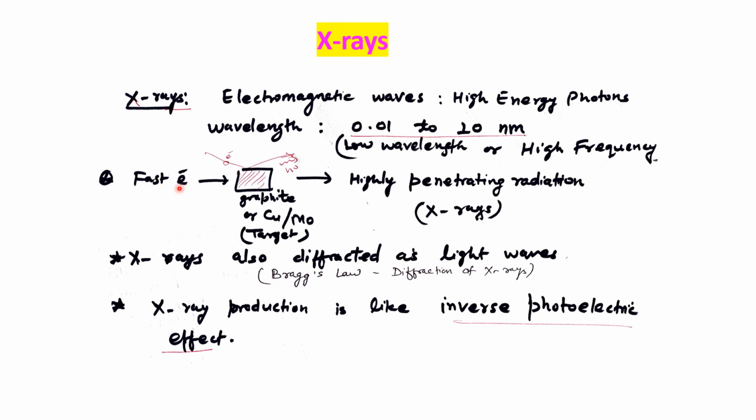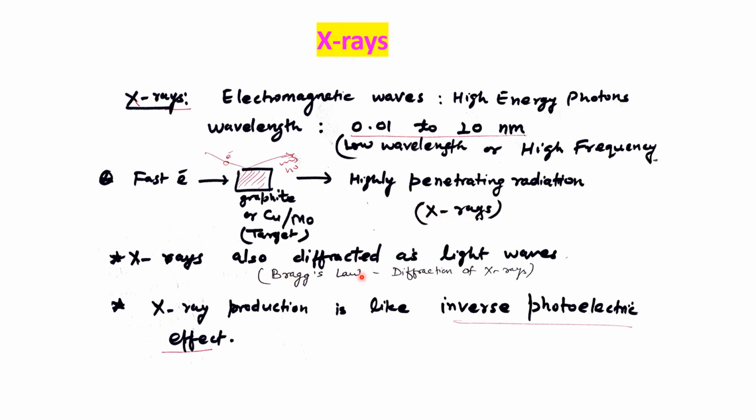And how do we generate X-rays? It is when high energy electrons strike some target, and then we get electromagnetic waves like X-rays, highly penetrating radiation.